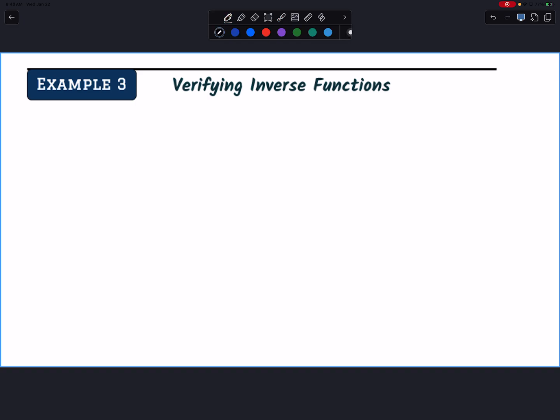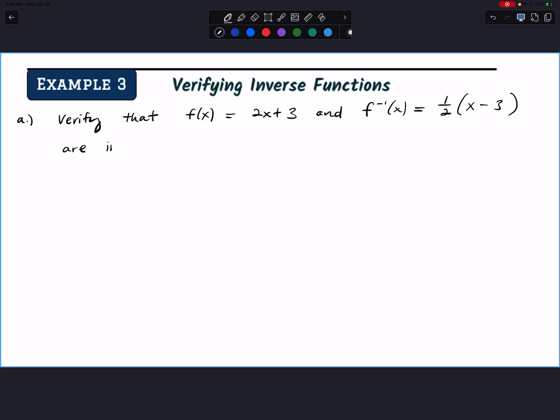So we're going to do a part A and a part B. So verify that f of x is equal to 2x plus 3 and f inverse of x is equal to 1/2 times x minus 3 are inverses.